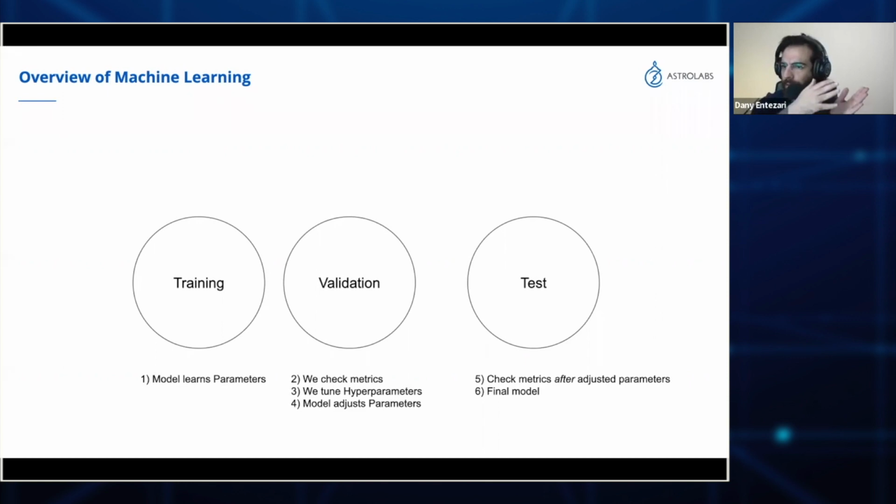So assuming you've picked the best possible model and you have produced the best possible data, the test data set tells you if this model is going to be useful or not. After the test data set, we will check the metrics after the adjusted model, after the model has learned the new parameters. So if after the test data set, your metrics are still poor, then the model is not the right option.